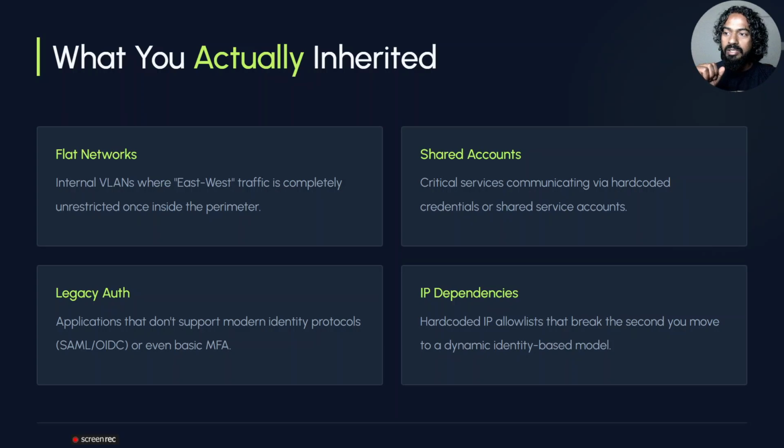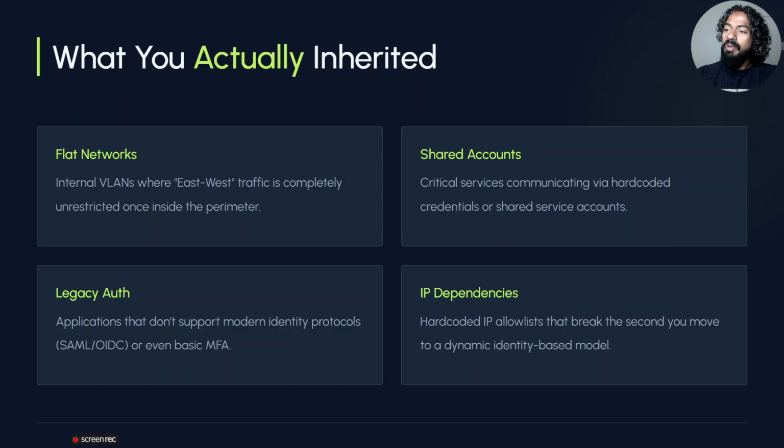Many applications were built when perimeter security was considered more than enough. Right? I'm talking about 15, 20 years before. Once you are inside the network, everything trusts you and you trust everything. Zero trust tries to remove that assumption, while legacy architecture depends on it. So that's the core conflict here.